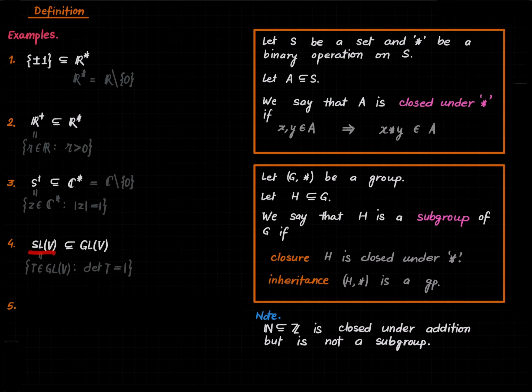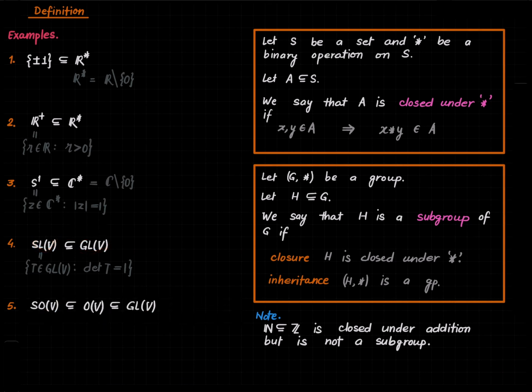So this is SLV, and clearly if you multiply two things here, or I mean by multiplication I mean composition, because the group multiplication here is composition. So this is closed under the group operation of this, we saw that, and this is also a group when you restrict the binary operation to this. We anyway looked at this example earlier, so we know this. I'm just right now trying to point out that this is a subgroup of that.